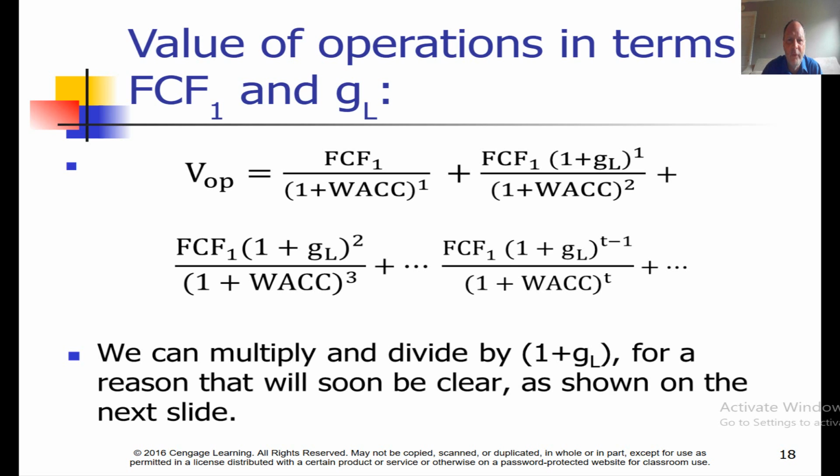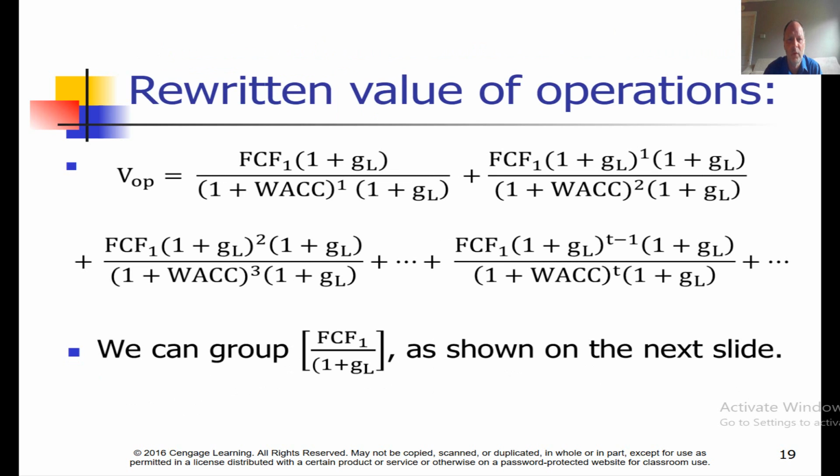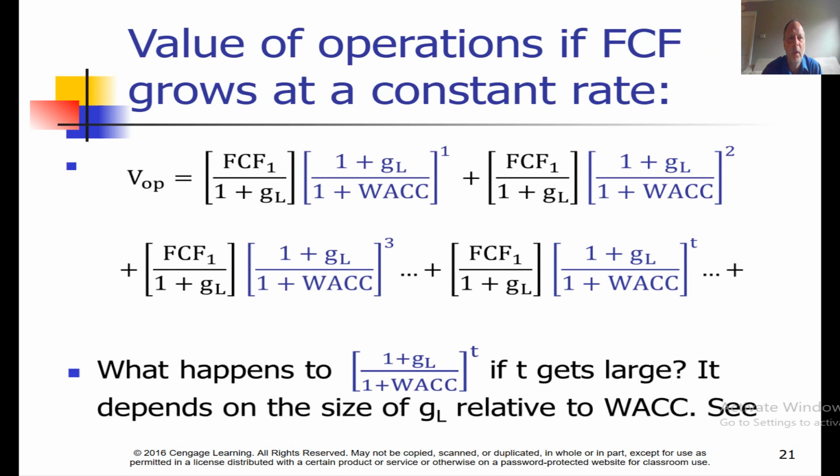Free cash flow 1 over 1 plus WACC, free cash flow 2, which is free cash flow 1 times 1 plus the long-term growth rate over 1 plus WACC squared, etc. For convenience, to show how a geometric series works, we will multiply and divide by 1 plus the growth rate, as shown here, and then we will group the free cash flow 1 over 1 plus the growth rate, and show the equation here.